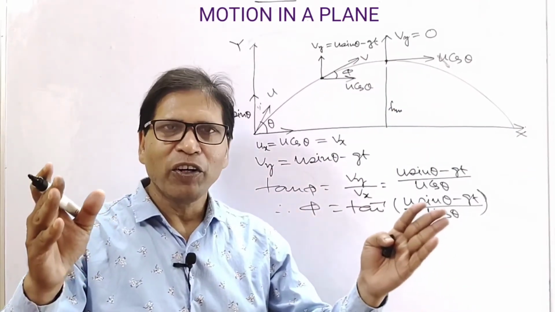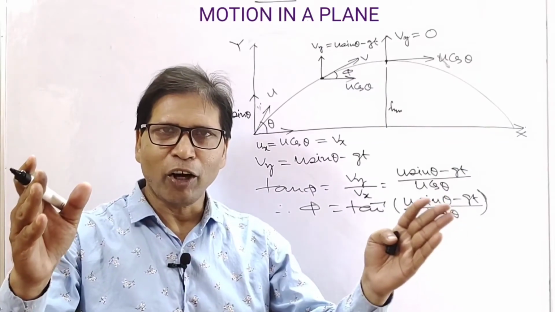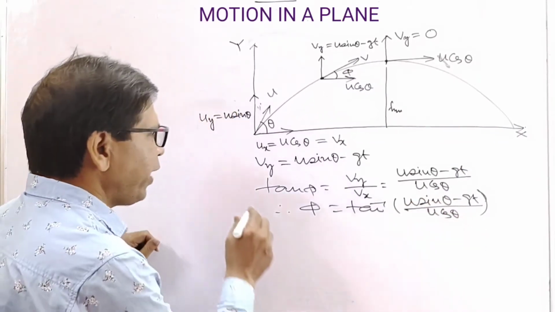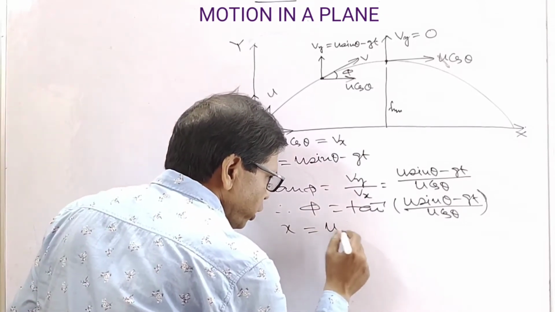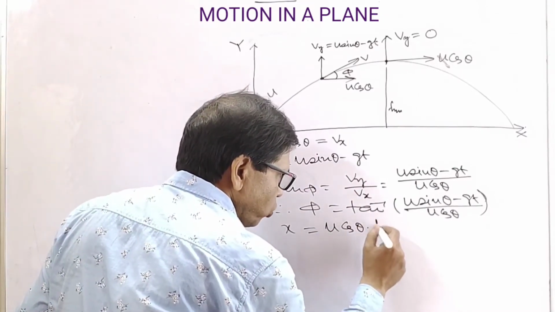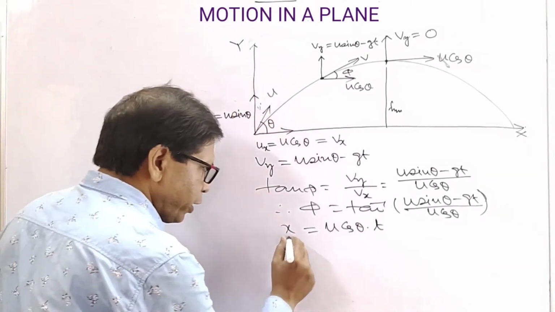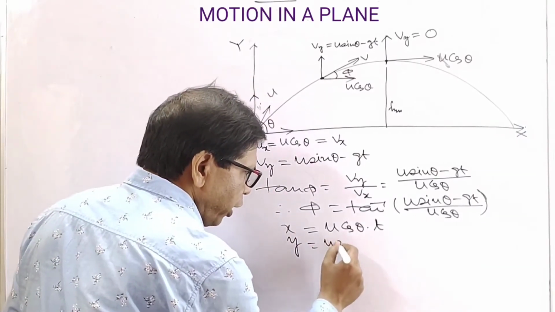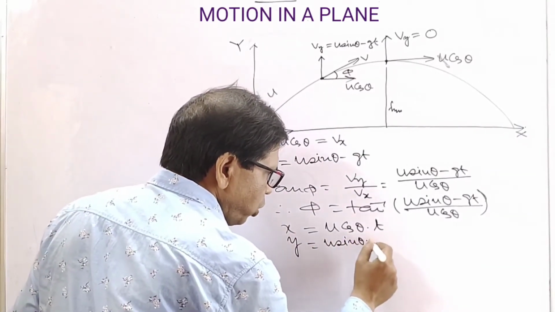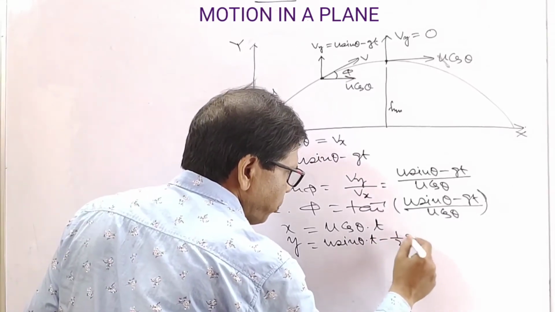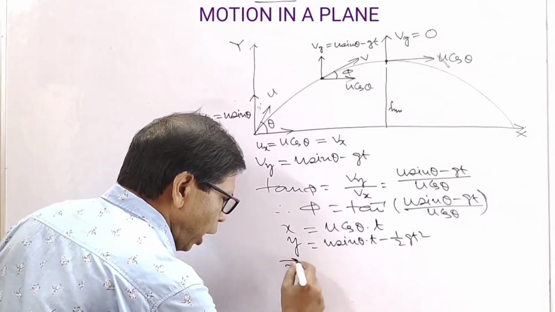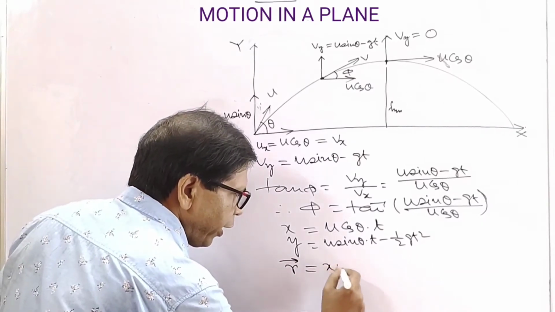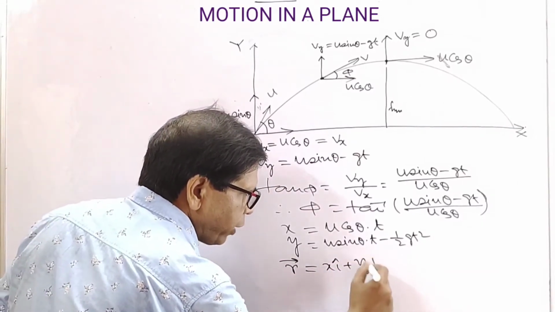Okay. Now, the equation of motion of the particle. Along this direction, x equals u cos theta into t. And in the vertical direction, y equals u sin theta into t minus half g t square. So the position vector r equals x i cap plus y j cap.